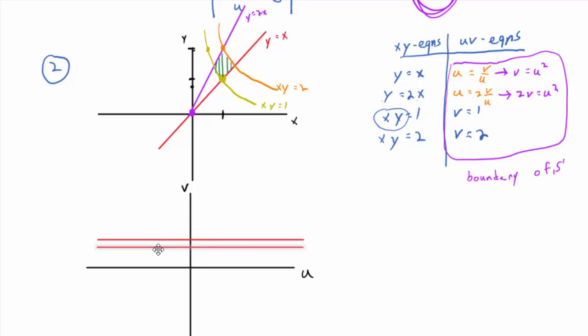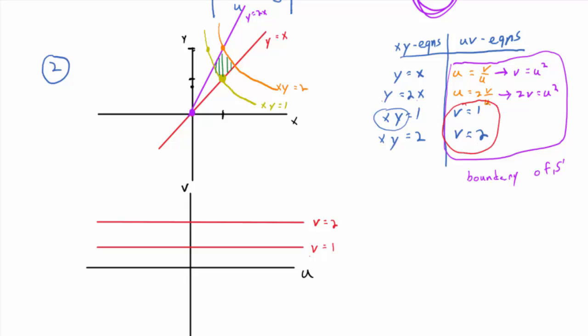So there's v equals 1. And then v equals 2. I'll do another red horizontal line for that. Call this v equals 2. Okay, so that takes care of those, but then we've got the other two, and we're going to have to think about this a little bit.